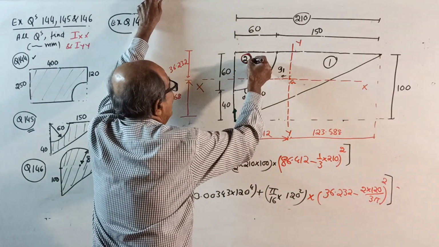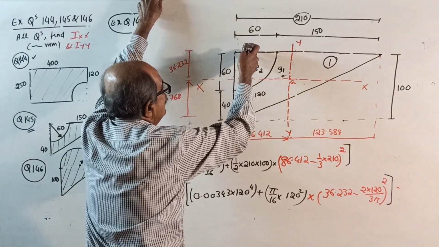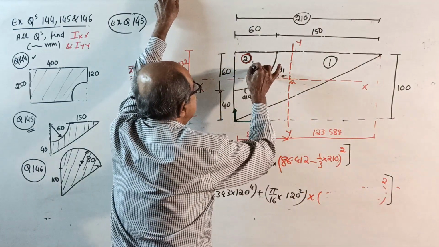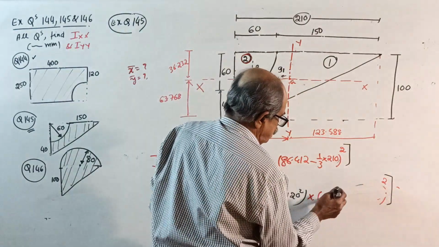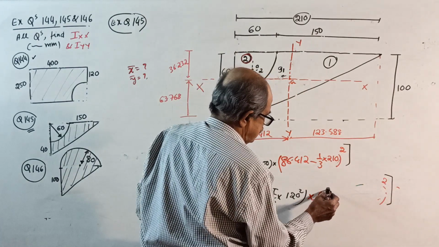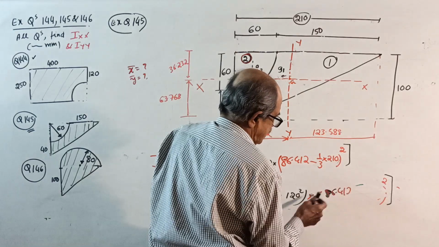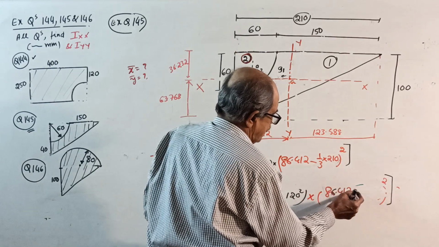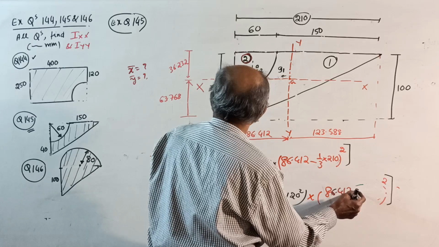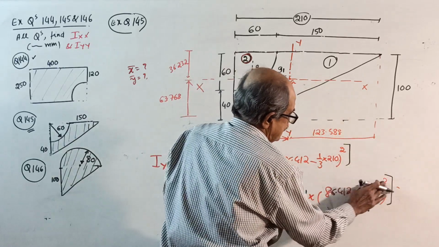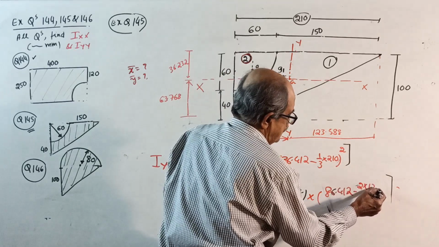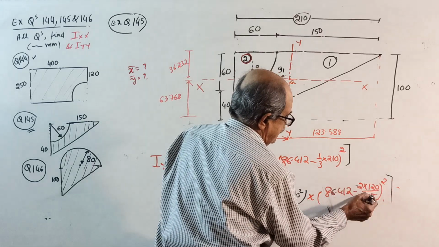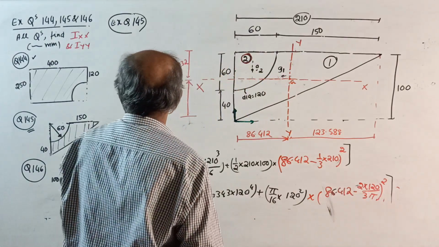For this one, I about its own YY axis: 0.00343 diameter power 4 plus area into this distance squared, 86.412 minus this distance, which is 2 into diameter 120 divided by 3 pi, whole square. Okay, you get I about YY.